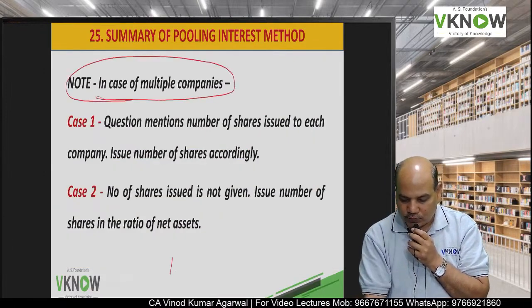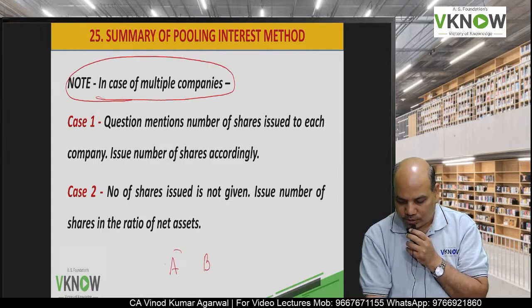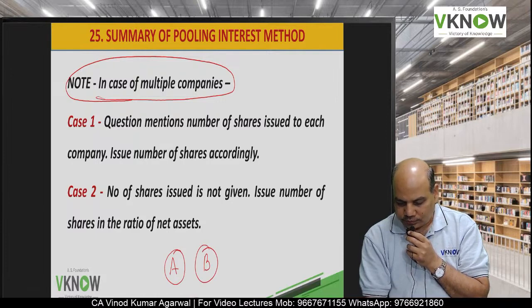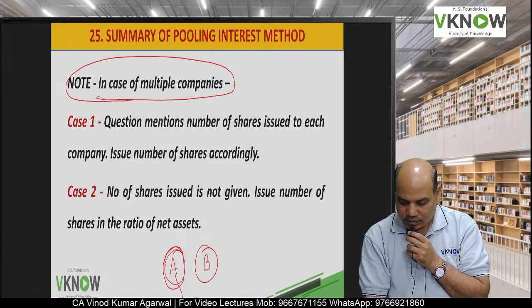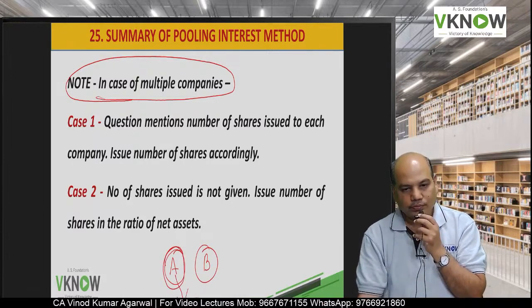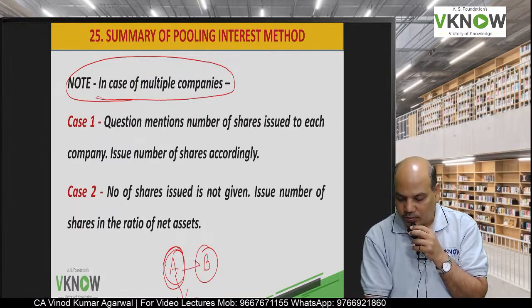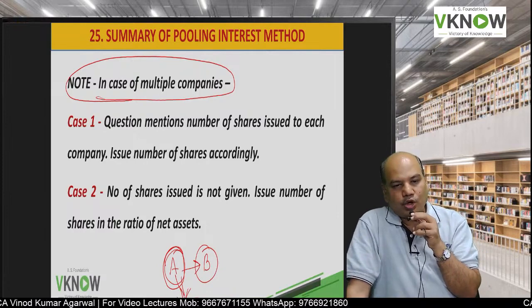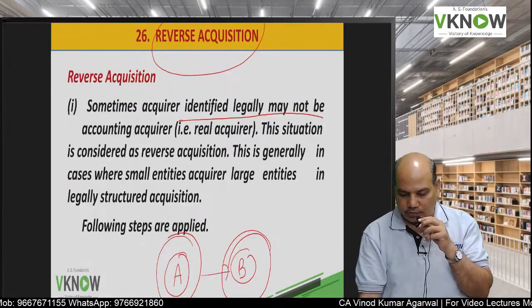The institute gives you a question like this: there are two companies A and B. A new company AB is formed, but A has control previously over B and now over AB. So this may be a common merger. Okay.